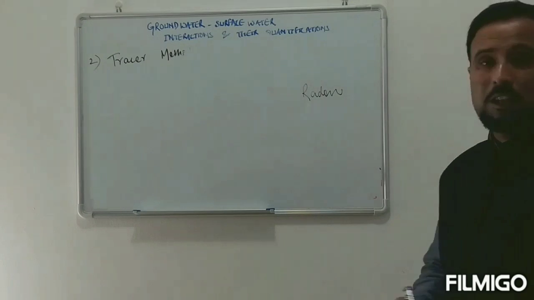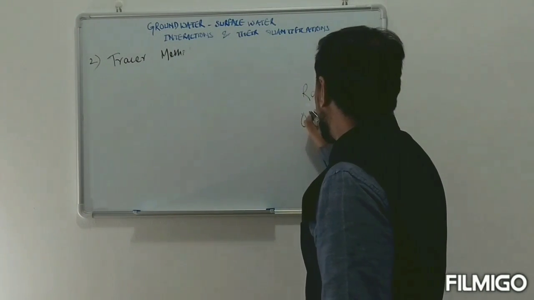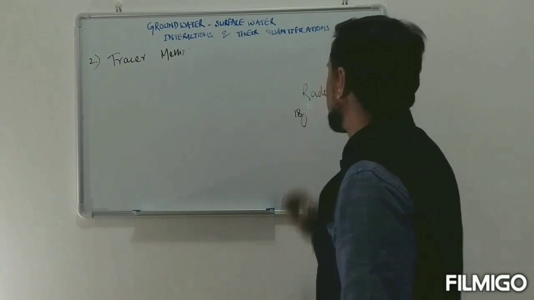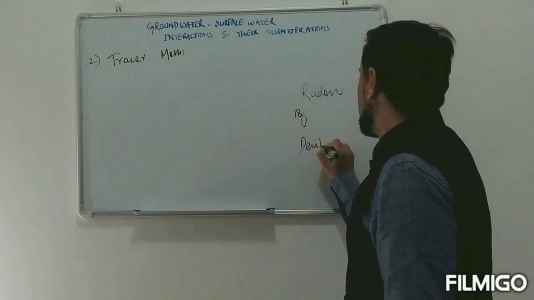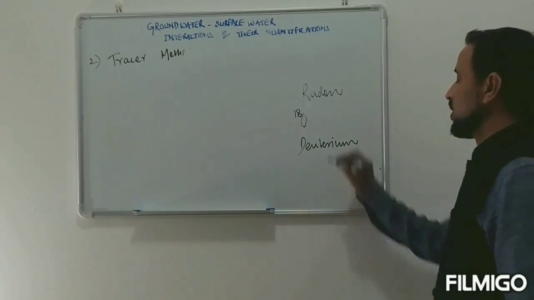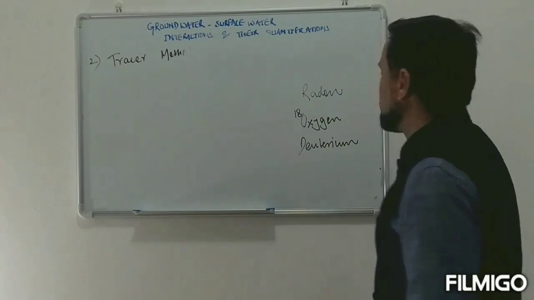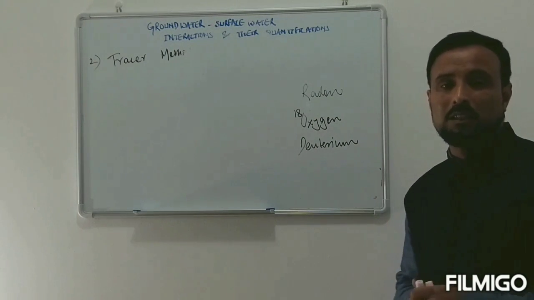Apart from radon, there is one more isotope called oxygen 18. Oxygen 18 isotopes are also used, and deuterium also, these are also used in tracer-based methods, right?